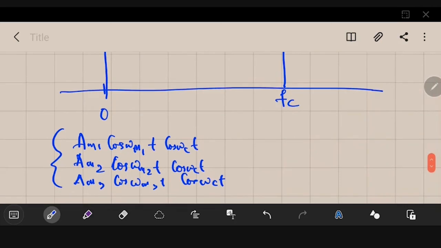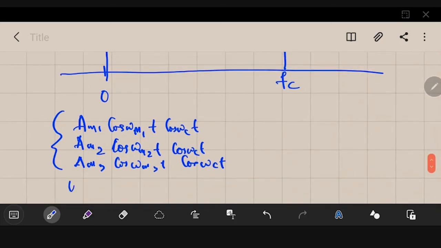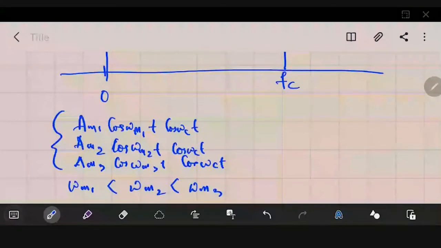So here let us assume that the frequencies are related in this way. Omega m1 is less than omega m2, and omega m2 is less than omega m3. However, this may not be true in all multitone amplitude modulated signals.